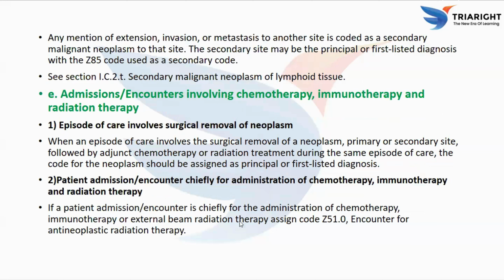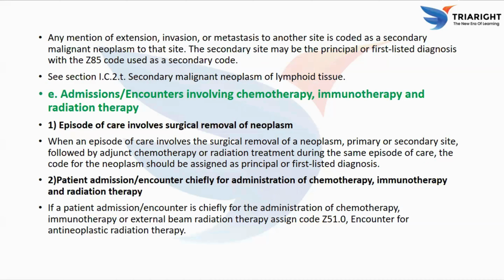So next is extension, invasion, metastasis after primary cancer removal. So what is the key rule here? If documentation mentions extension, invasion, or metastasis to another site, you have to code it as a secondary malignant neoplasm, that is from categories C77 to C79 of that site. So the secondary malignancy may be the principal or first listed diagnosis, and Z85, that is the history of cancer codes, is used as a secondary code to show the original site.